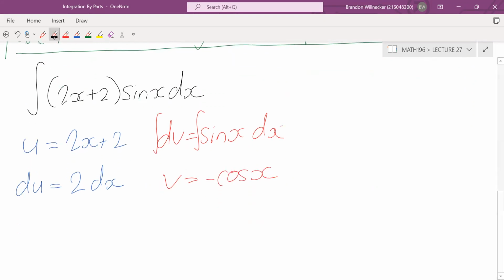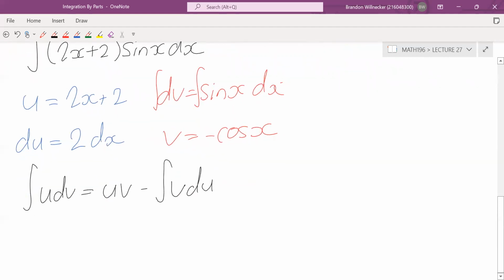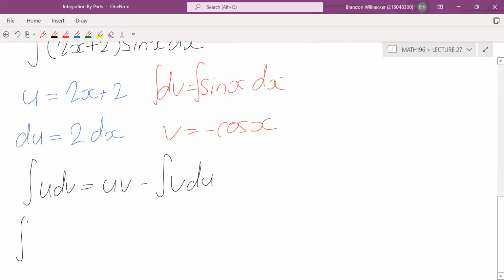Okay, then we substitute it into the formula. So the integral of u dv is equal to uv minus the integral of v du. Okay, then we just substitute in. So u dv, that's what we started with. That was (2x plus 2) sine x dx. Okay, that's what we're trying to find.